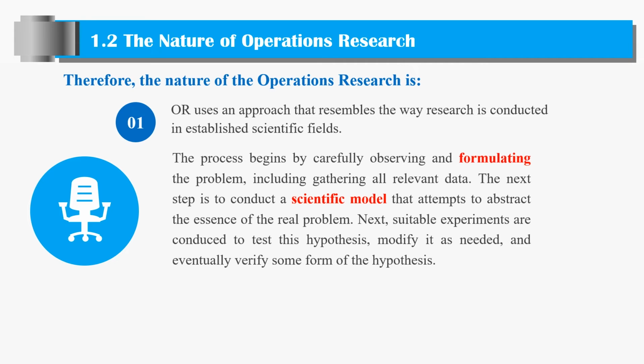The process begins by carefully observing and formulating the problem, including gathering all relevant data. The next step is to construct a scientific model that attempts to abstract the essence of the real problem. Next, suitable experiments are conducted to test this hypothesis, modify it as needed, and eventually verify some form of the hypothesis.